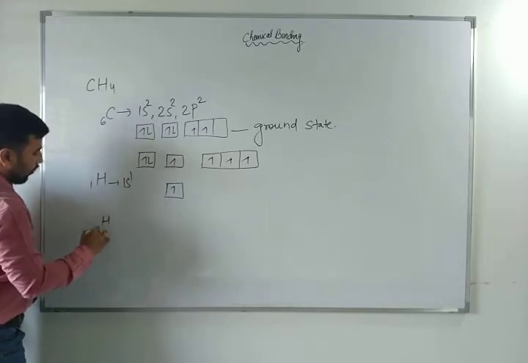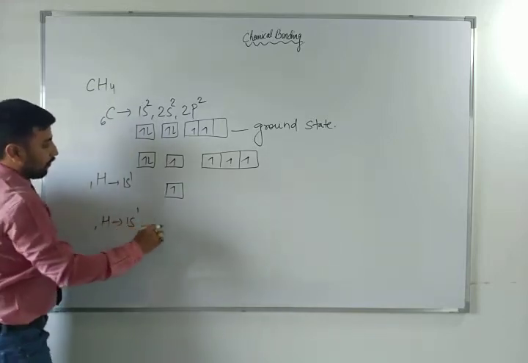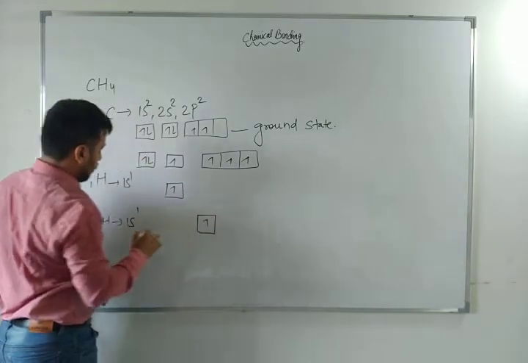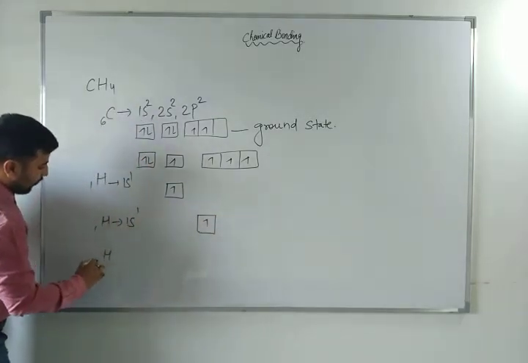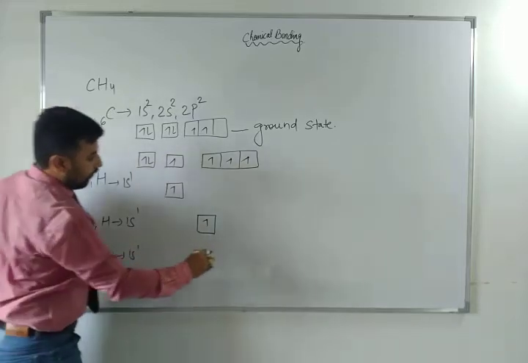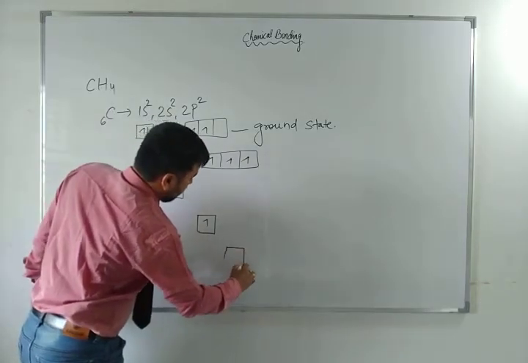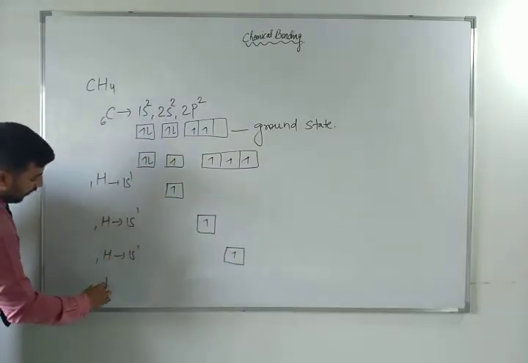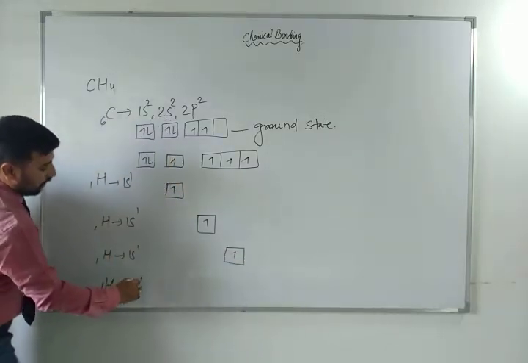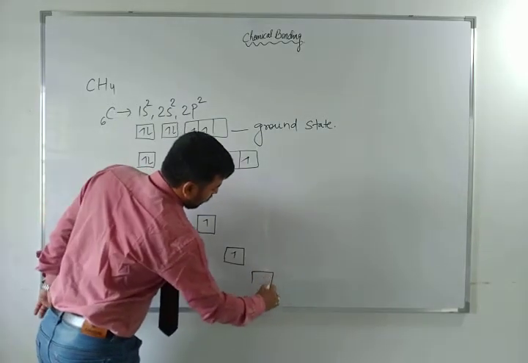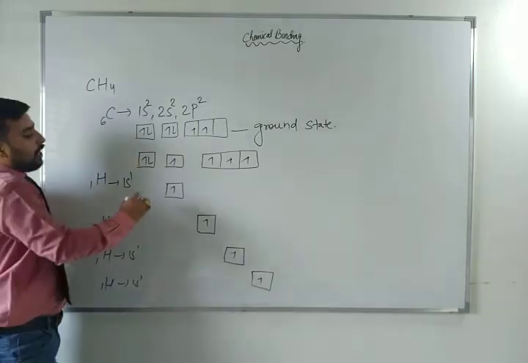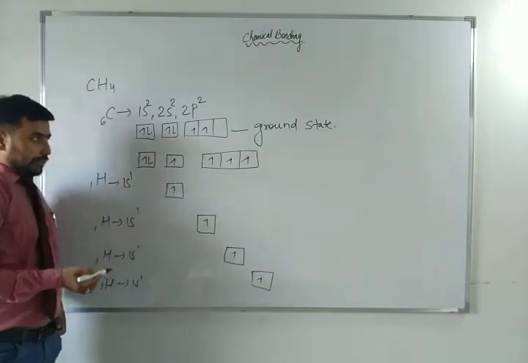The second hydrogen 1s1 will overlap with this 2p orbital, the third hydrogen 1s1 will overlap with 2py, and the fourth hydrogen 1s1 will overlap with 2pz. Means you can see the number of hybrid orbitals.